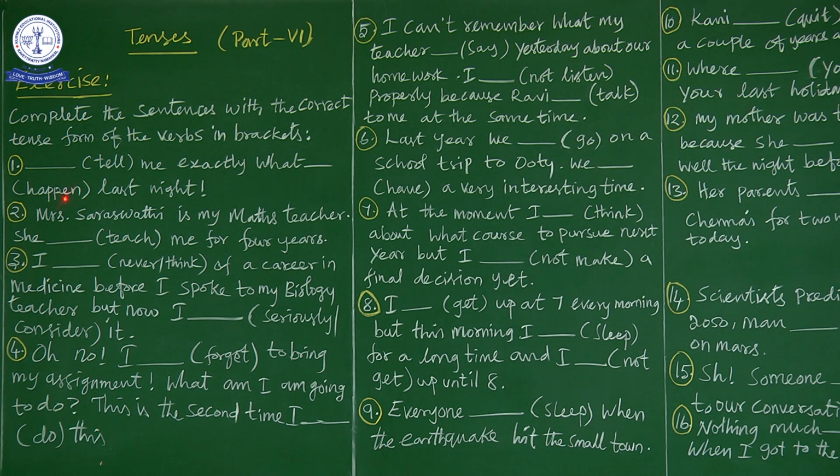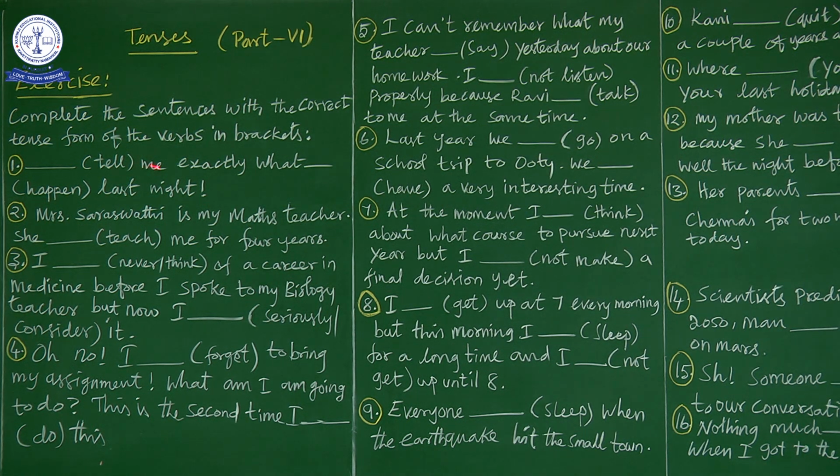Why have we chosen happened here? Because of the keyword last night. The action is completed, and that is given here, last night. That's why we went for simple past tense, that is happened. Why did we go for simple present? Because in usual context, we ask a person, tell me. Tell me exactly.